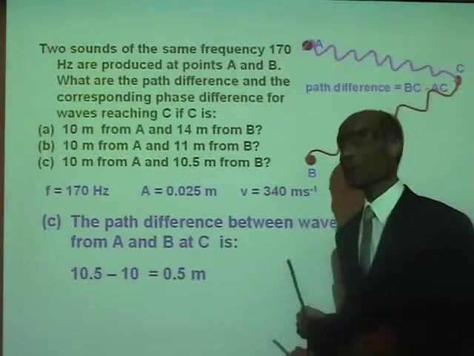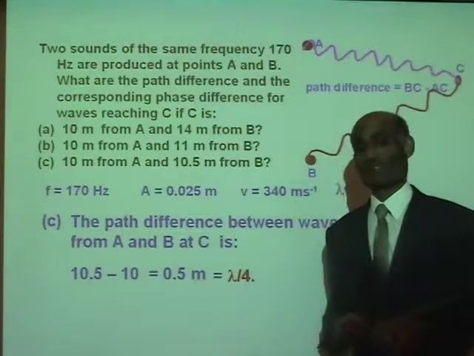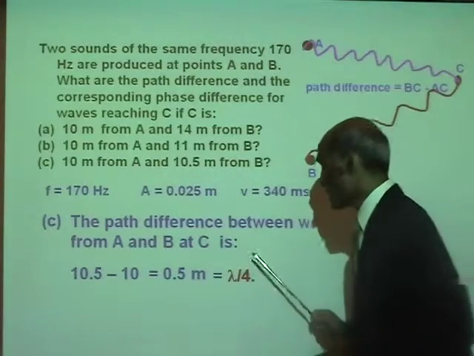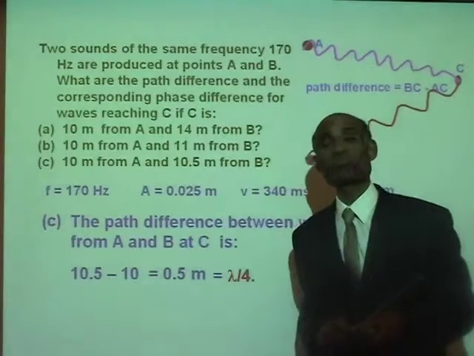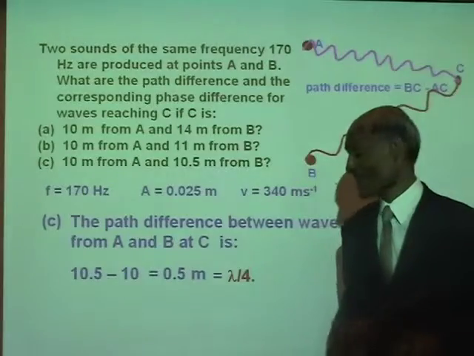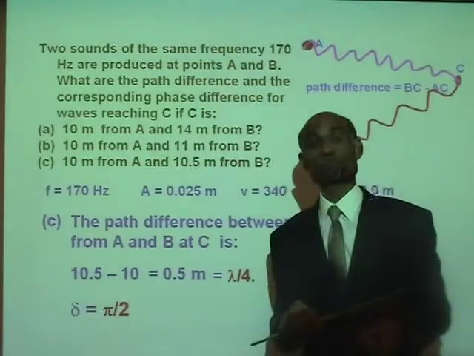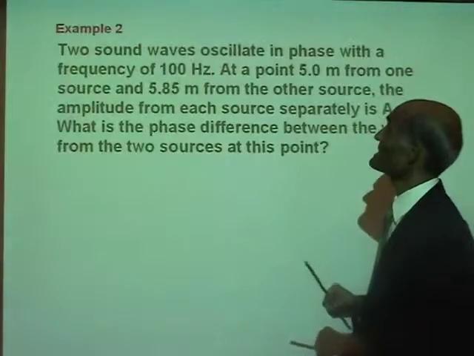Therefore, 0.5 meter is a quarter of a wavelength. Now you tell me, what is the phase difference that corresponds to a path difference of lambda by 4? That will be pi by 2. Okay, so you must be able to do problems of this type.